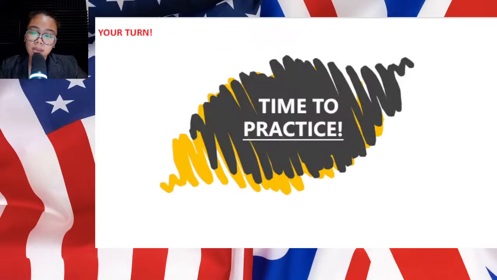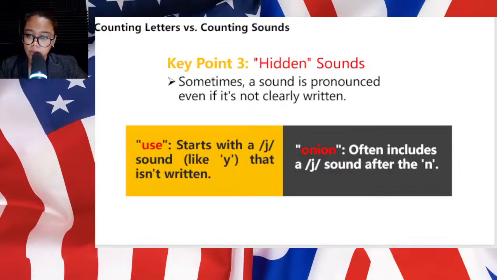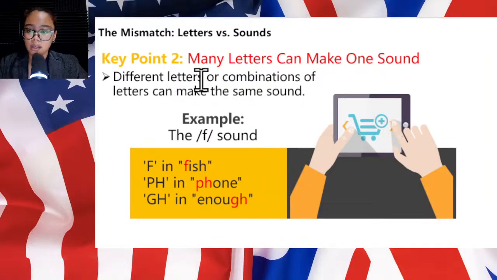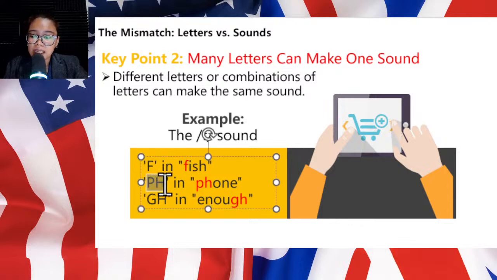Remember in our example earlier, many letters can make one sound, meaning one-to-one correspondence does not apply in the English language, because there are different letters or combinations of letters that can make the same sound. Our first example is F, and the second example is PH. So the word phone is already here. If you remember this, of course, you can answer it.